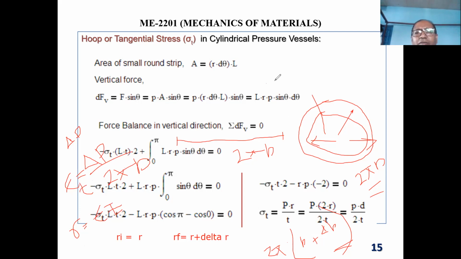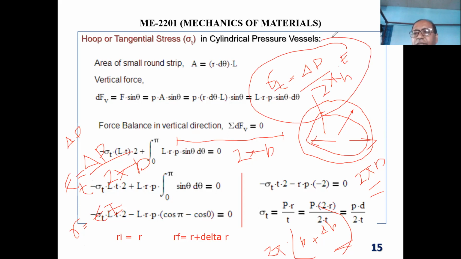So we can write sigma t equals epsilon t into E, which is delta P divided by 2 pi r into E. And from this relationship, we can figure out the value of delta R, how much the radius of a pressure vessel increases if you pressurize that pressure vessel. Okay.